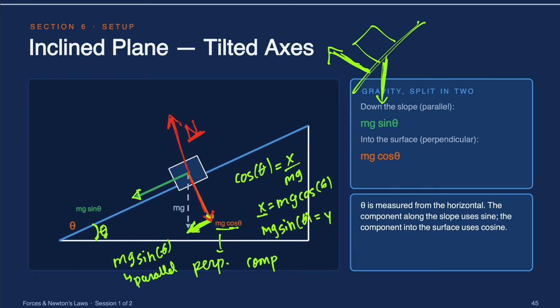So N, the normal force, is equal to mg cosine theta. And both of these are the perpendicular component of gravity, okay? So that's why N, the normal force on a ramp, is a bit different than the normal force on regular ground, okay? And then looking at this parallel component, the normal force and mg cosine theta balance out, okay?